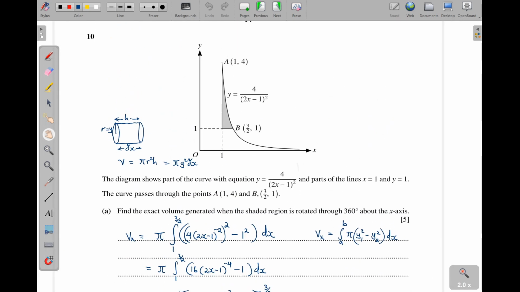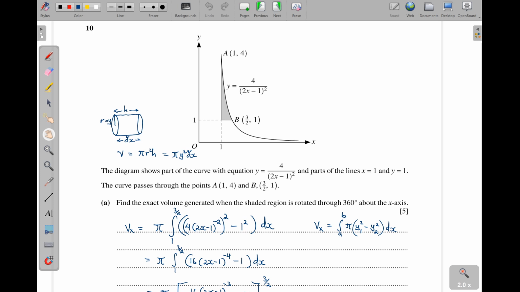They said that a triangle is formed from the tangent to the curve at B. Okay, so if this is point B, this is the tangent. Then from there, there is also the normal at B. That is the one that is perpendicular to the tangent. So suppose we draw something like that. This one is perpendicular to the tangent.